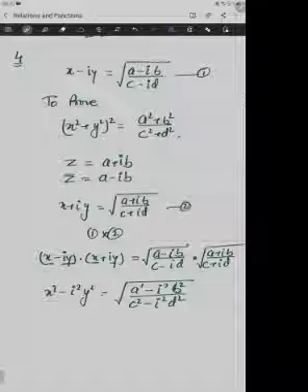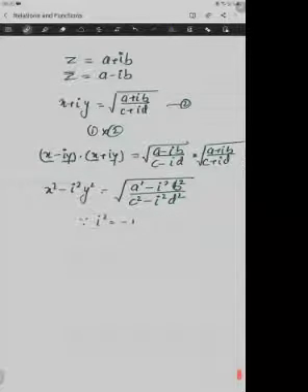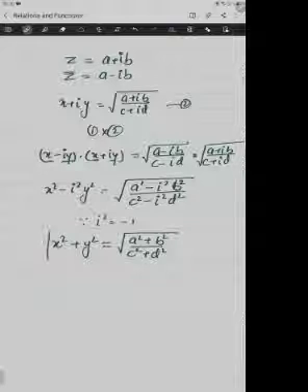Now we know very well the value of i square, so it will become x square plus y square equals under root a square plus b square upon c square plus d square. This gives us the target to prove.